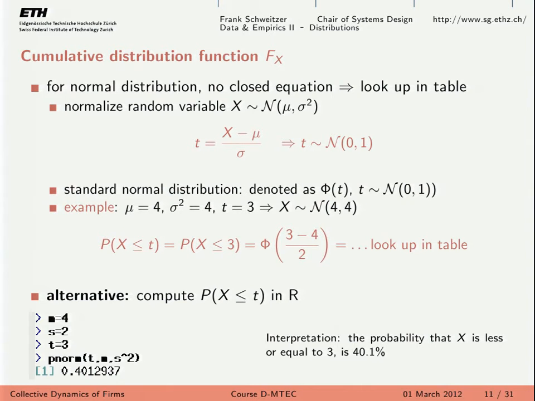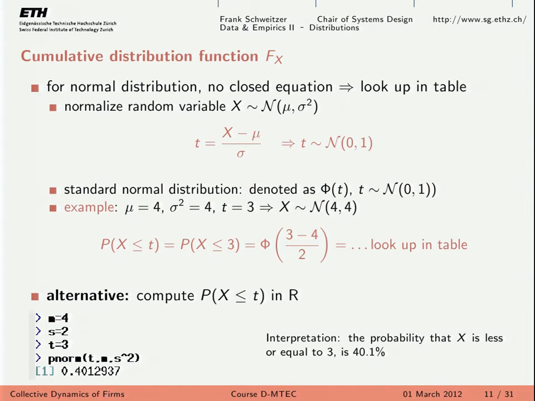So then we know that our underlying normal distribution looks like this. And now we have to rescale it by just doing this transformation. In order to get from here to the phi, we have to subtract the 4 and divide by 2. And then we have the normalized distribution, and we go and look it up in a table.